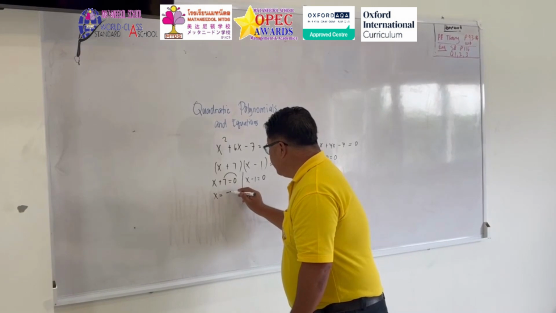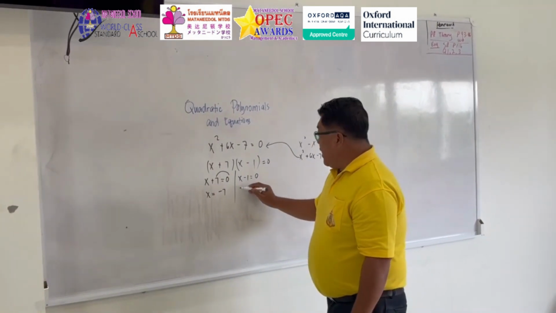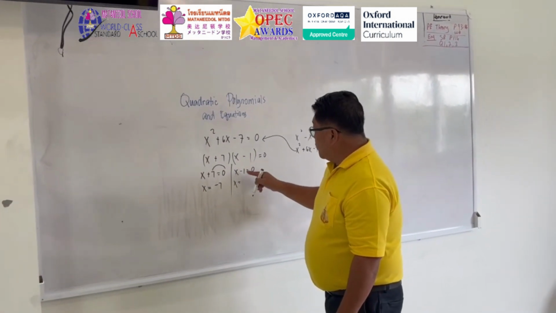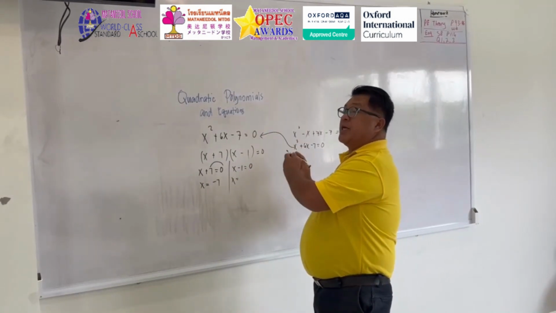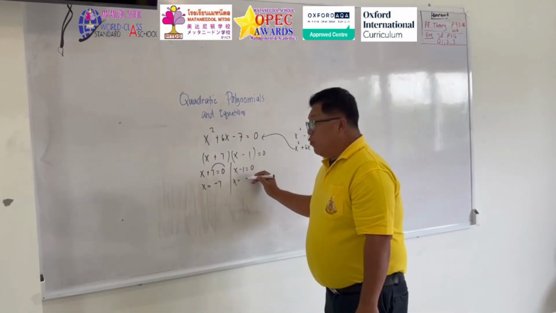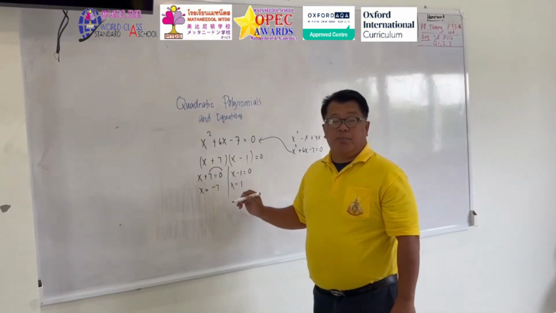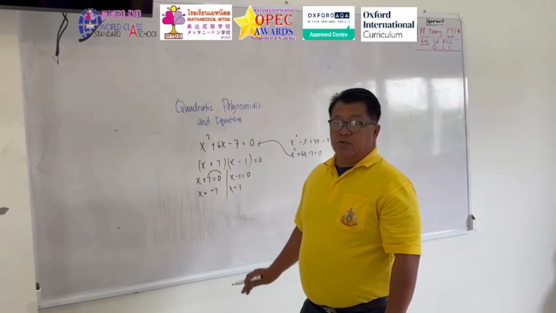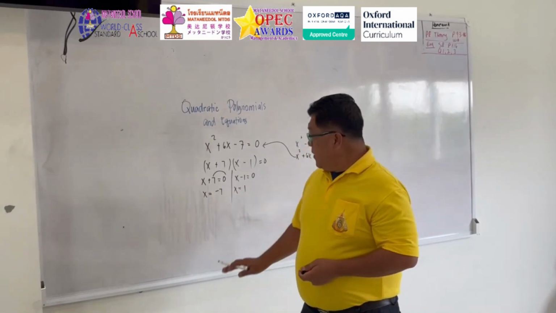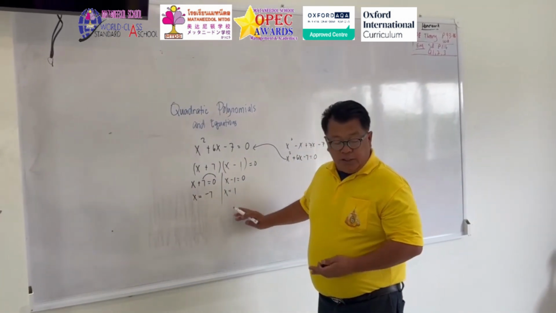So, we have negative 7. Here, x is equals to, transpose negative 1 to the other side, negative 1 will become positive. So this is now the value of x. We have x is equals to negative 7 and x is equals to 1.